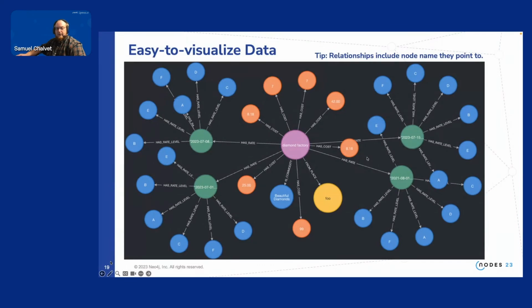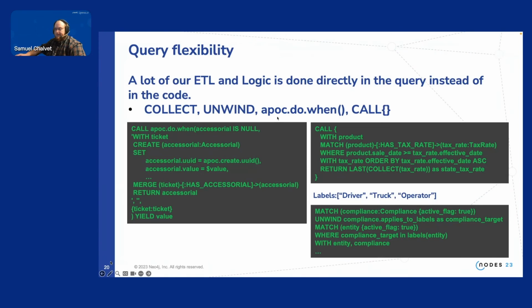And sorry, I've been going through fast, but we got one more. So the big thing, and honestly for me the biggest pro that really helps keep our code clean, keep us iterating through fast, is that a lot of the logic, the ETL stuff that we have to do with the data, is actually moved directly into the queries.